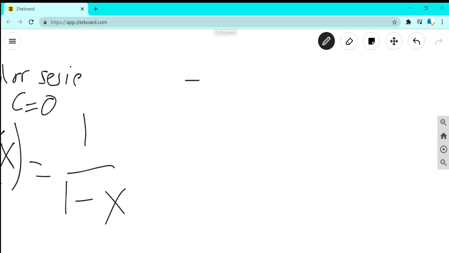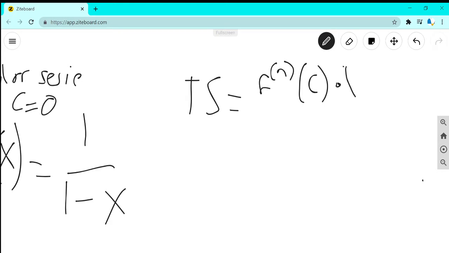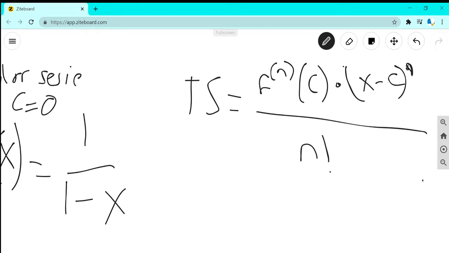So Taylor series, I'll just call it TS. That's basically the nth derivative of f at c, that's our center, times x minus c to the nth power, divided by n factorial.